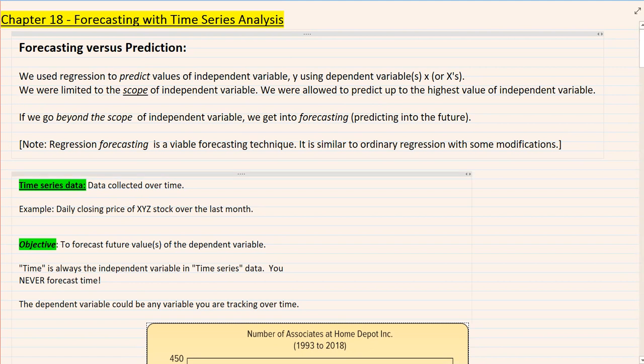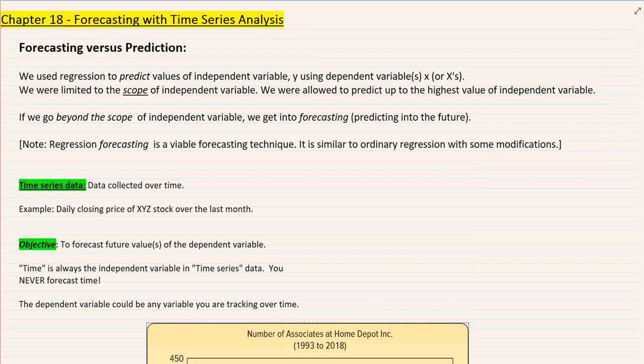So what is time series data? It's simple. Time series data is any data that is collected over time. That's why it's called time series. For example, I have here the closing price of XYZ stock over the last month. That would be an example of a time series.